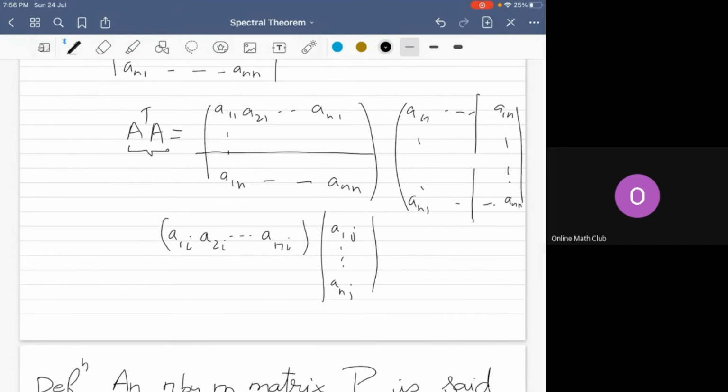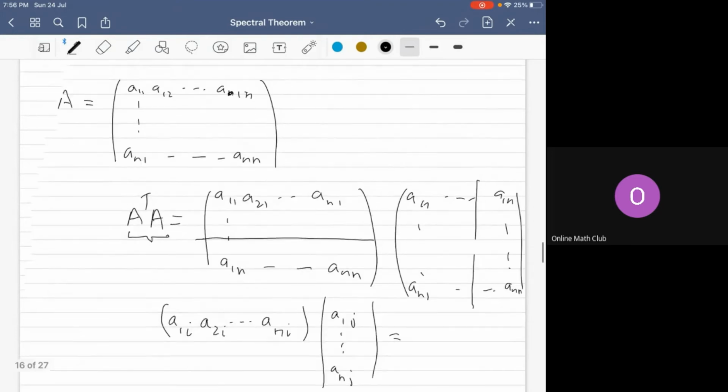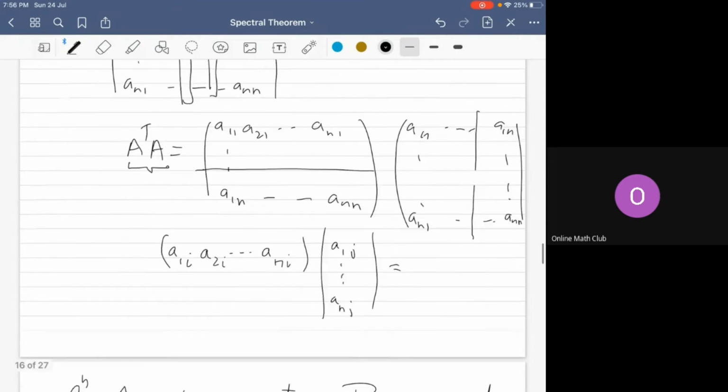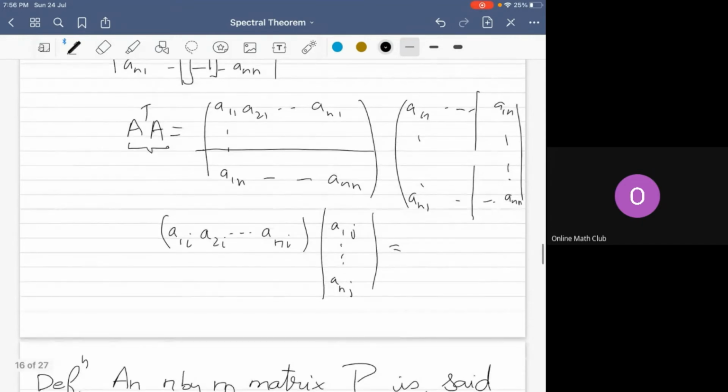And notice that this is just the dot product of the ith column with the jth column of A. This is a1i, a2i, ..., ani dotted with a1j, a2j, ..., anj.